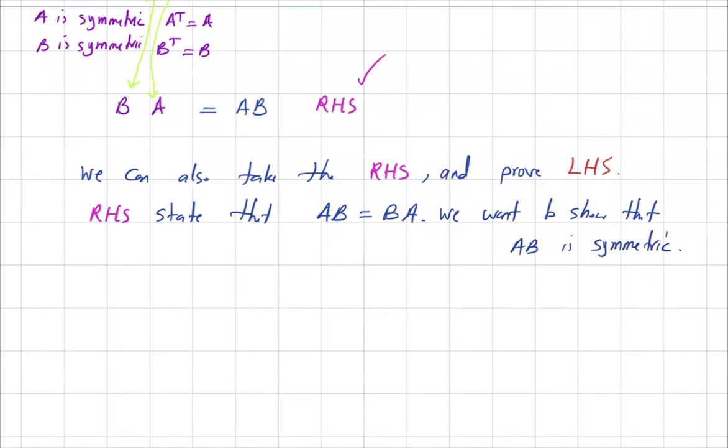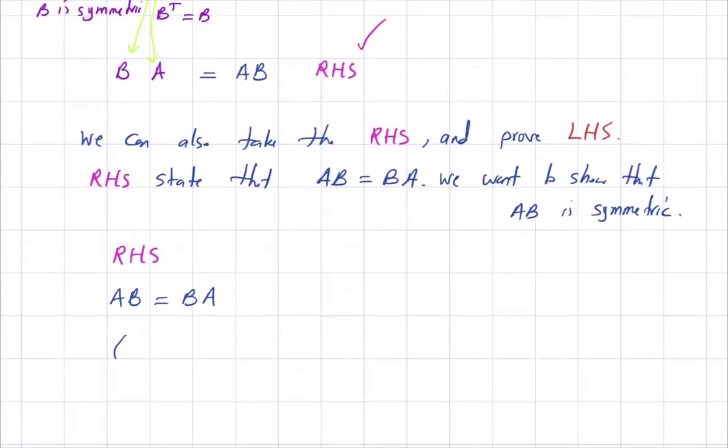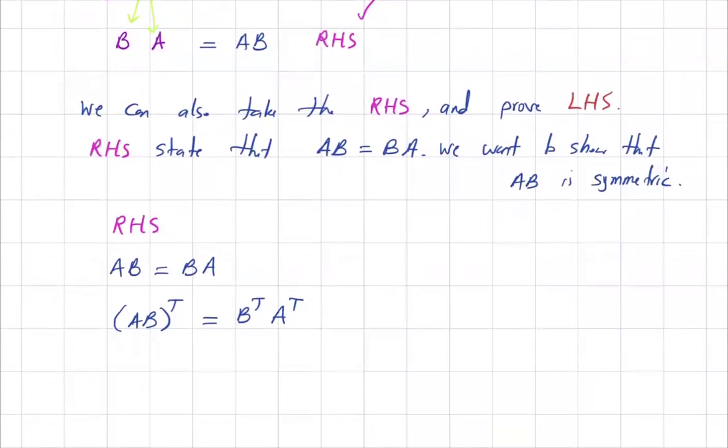So again, from right-hand side of if and only if, you have AB equal to BA. So keep this property. At the same time, the transpose of AB using the properties of the transpose is equal to B transpose times A transpose. At the same time, since B is symmetric, the transpose of B is equal to B itself.